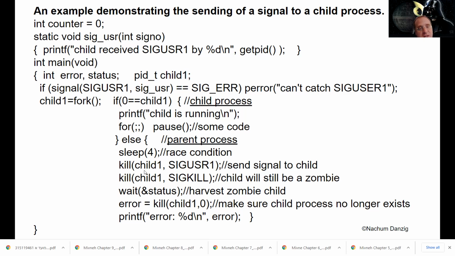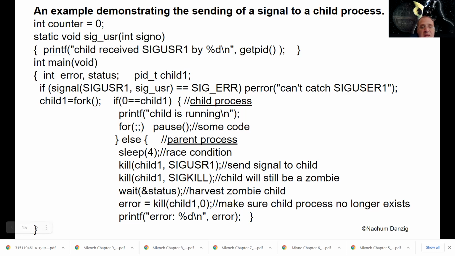So now I can use that child ID by saying kill, send signal to child1. Which signal? SIGUSR1. SIGUSR1 will, of course, is already overwritten and will do this. We'll print child received SIGUSR1. And it'll print his ID, the child's ID, which should be the same as whatever child1 is.